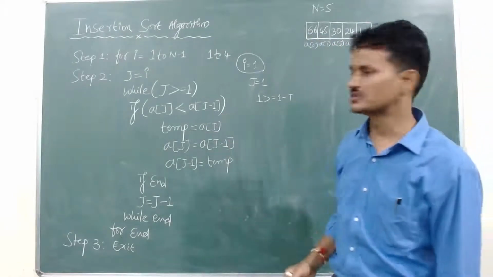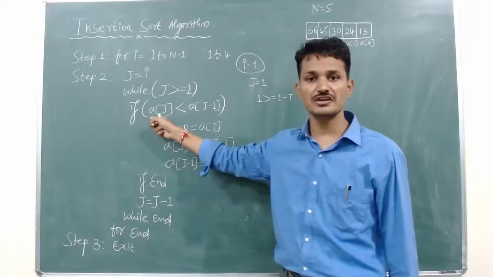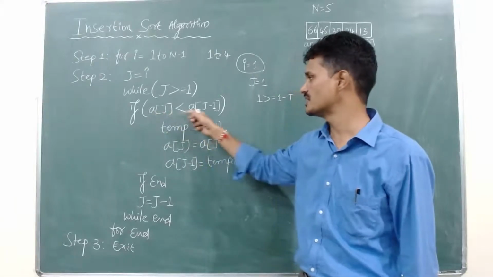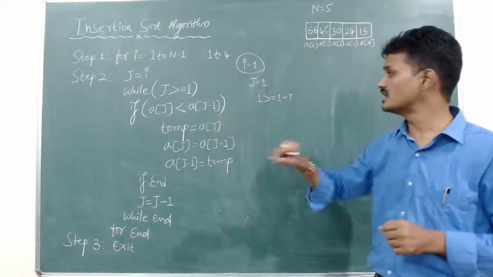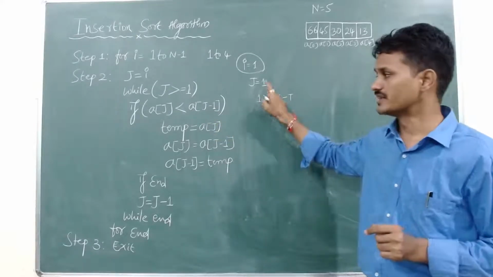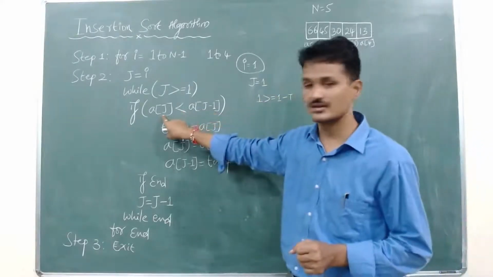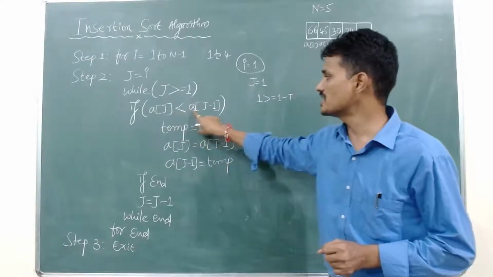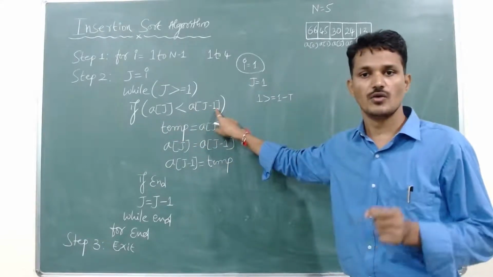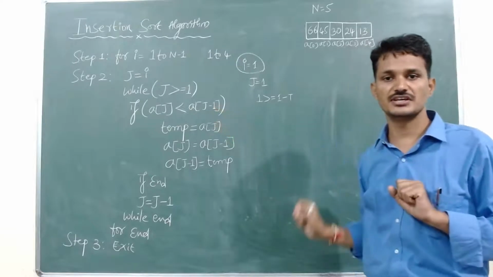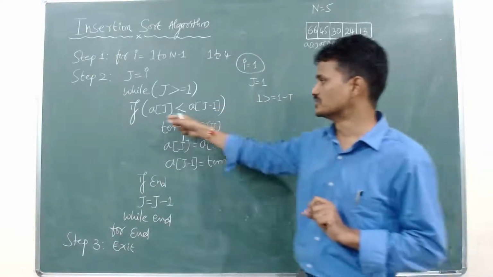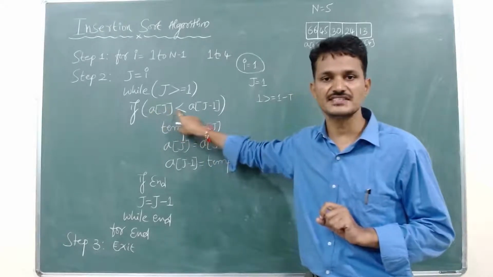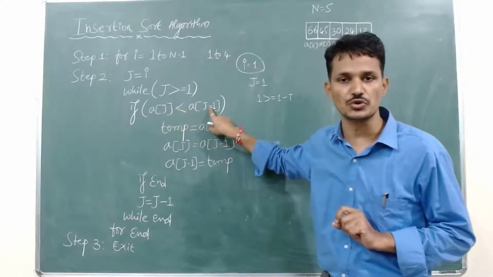Let me substitute the value here. What is the value of j? 1. That means a of 1 is less than a of j minus 1, and 1 minus 1 is 0. So I can write a of 1 is less than a of 0.